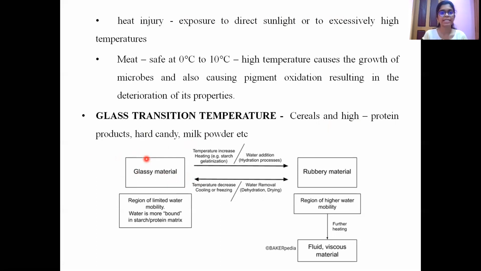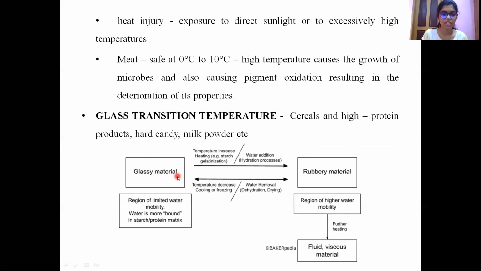But when heat is applied to this glassy material and the temperature increases above the product's glass transition temperature, it leads to a phase change. So the glass transition temperature is the temperature required to change the phase of any food material, either from glassy to rubbery or rubbery to glassy.